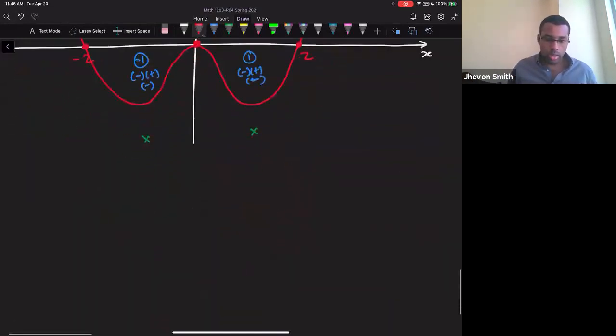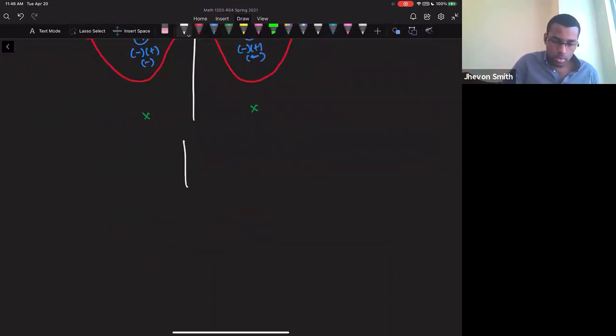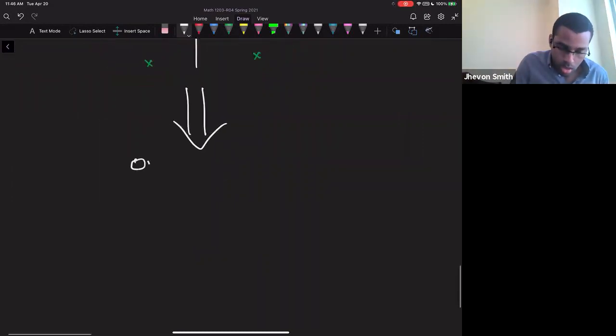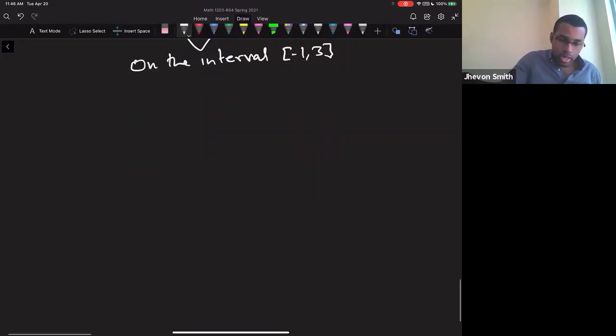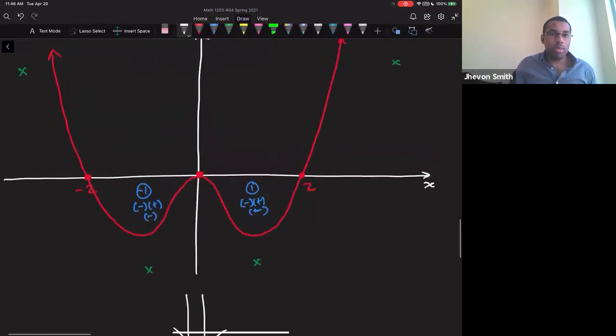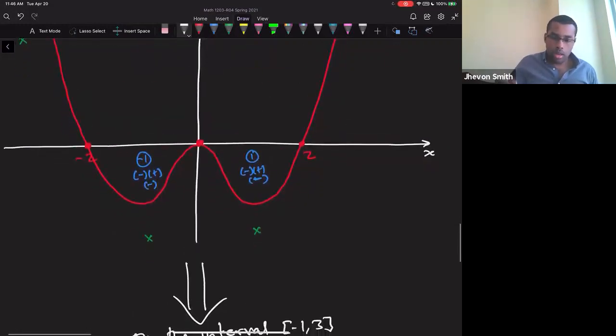But we don't want the whole thing. We just want the interval from minus 1 to 3. What is it that we actually have? It's like I'm taking this W. I know this point right here happens at minus rad 2, and this point right here happens at rad 2.